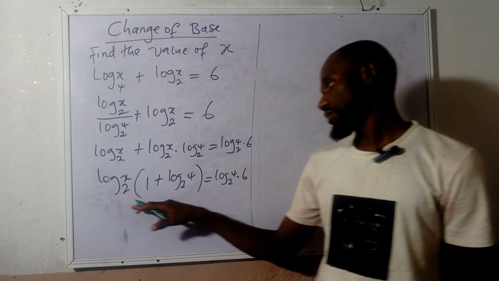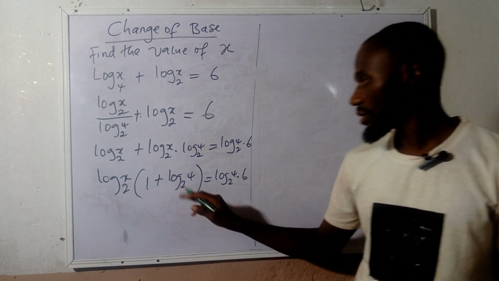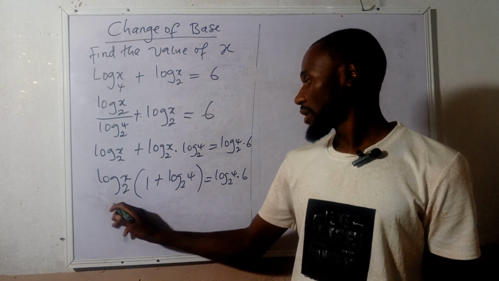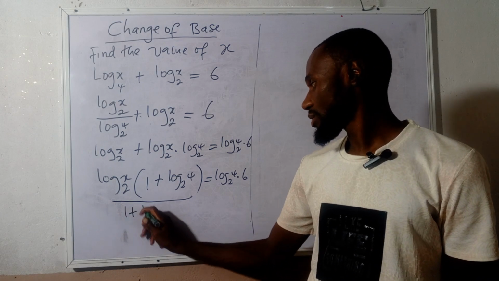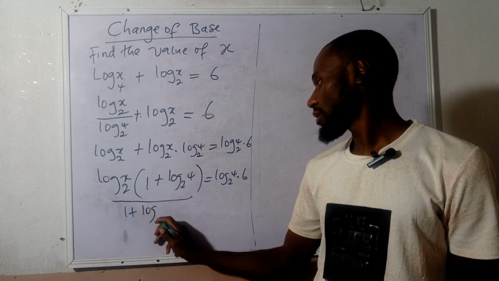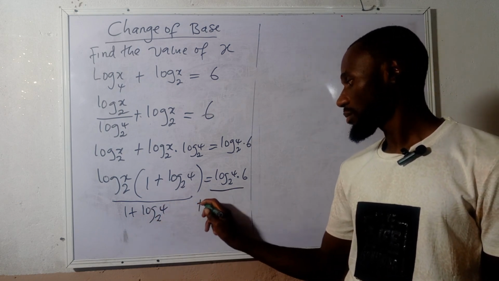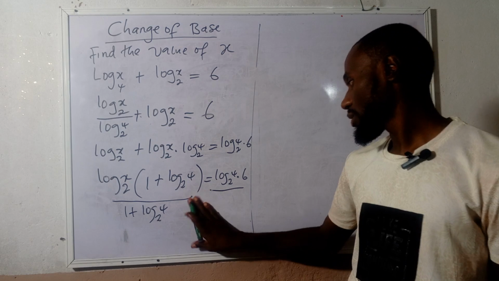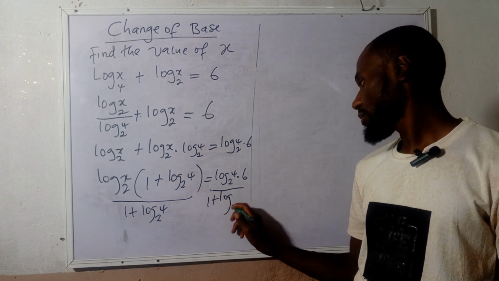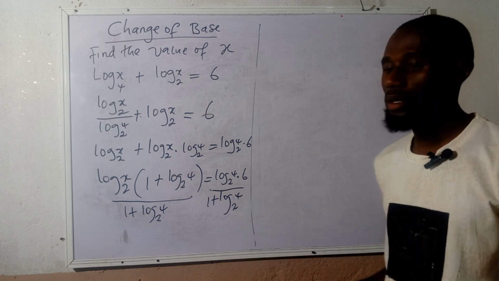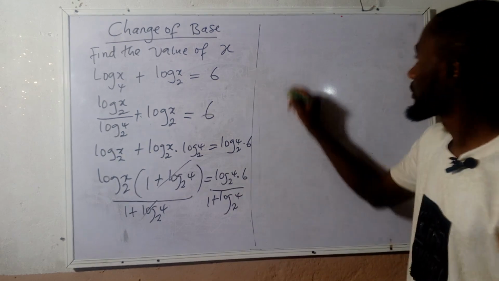Now we are going to divide both sides by 1 plus log base 2 4. Let's divide both sides by 1 plus log base 2 4. Then this one cancels this one.